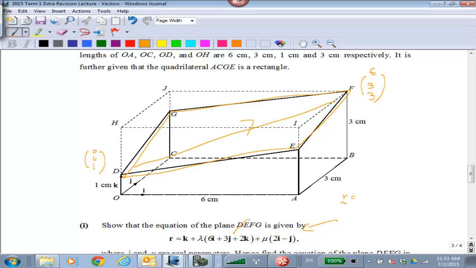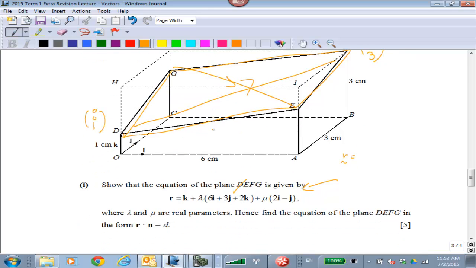Okay, the last one, the last vector. Do you know which vector I'm using? I'll give you a hint. I'm going to use GE. GE is also on the plane, agree? But my point is I am not going to find E, I'm not going to find G. Because finding E and G is very difficult.